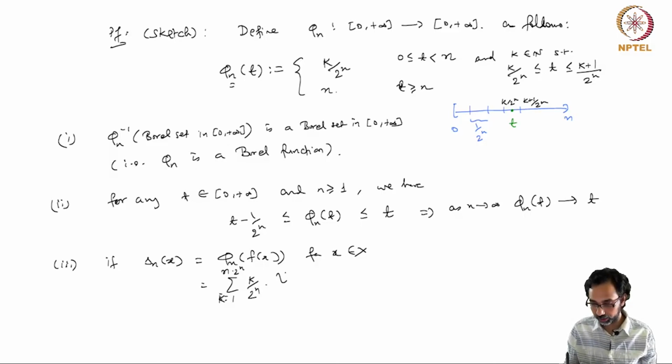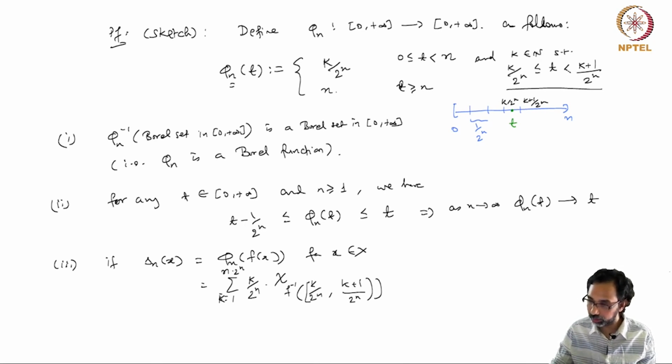And then you are multiplying by the indicator function of the inverse image of precisely these intervals, k over 2^n to (k+1) over 2^n. So here again there should be a strictly less than sign. So these are all Borel sets, so these are all measurable functions.